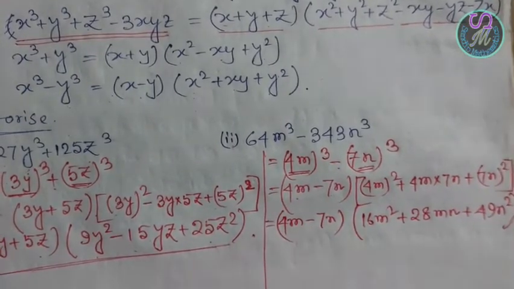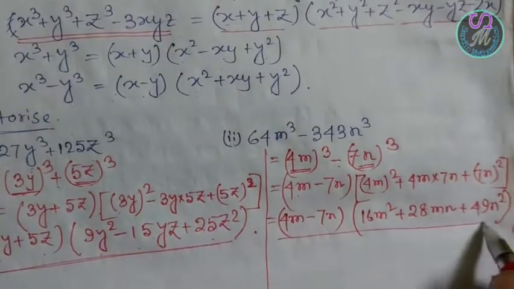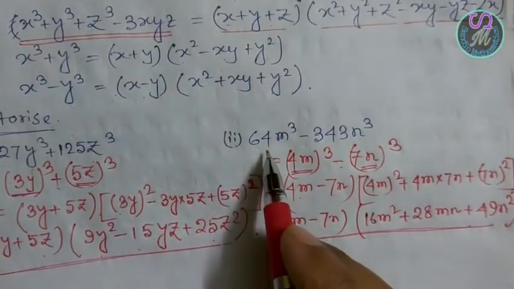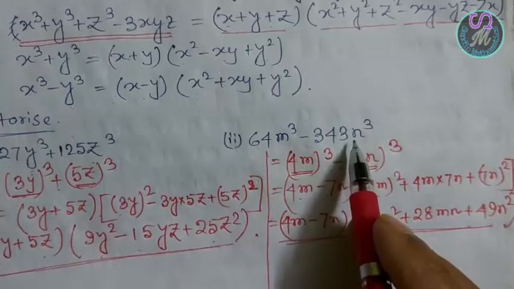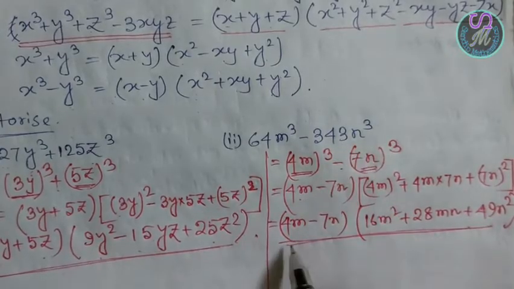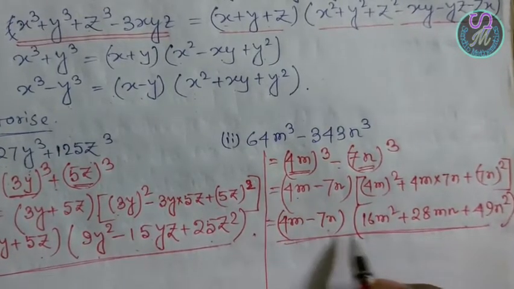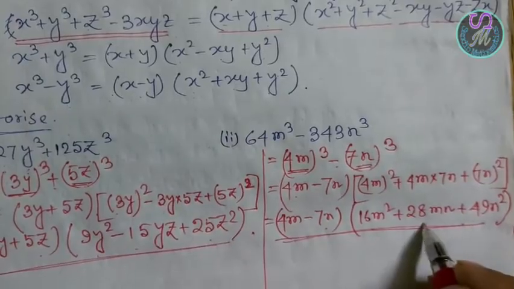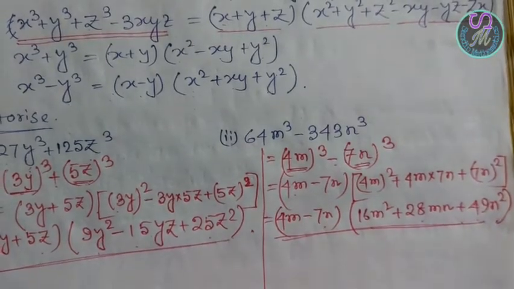So this is the factorization of the second example, that means 64m cube minus 343n cube equals 4m minus 7n into 16m square plus 28mn plus 49n square.